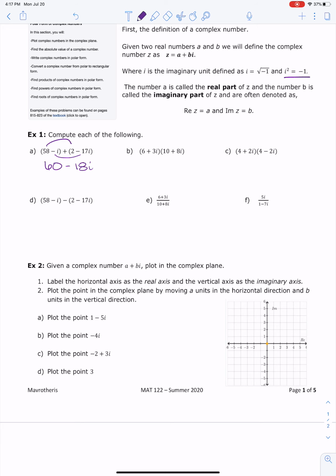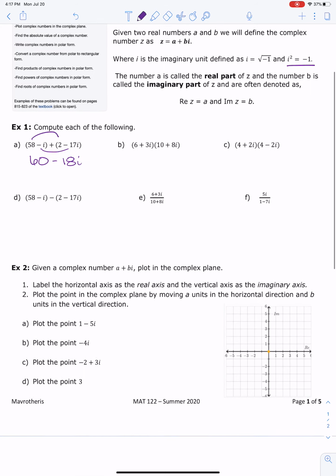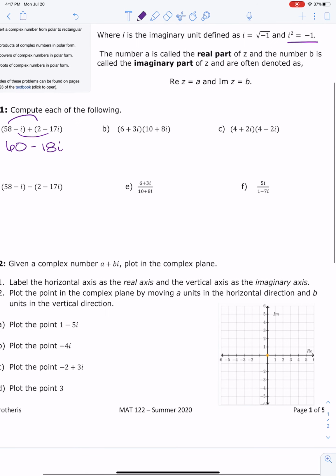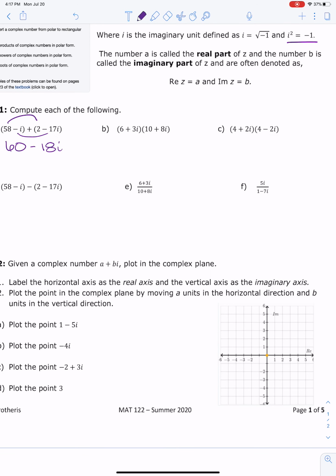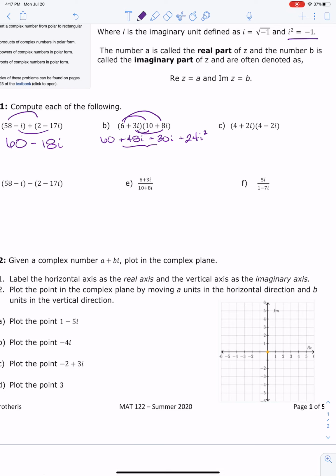B asks us to multiply these. Okay. We are going to multiply by using the distributive property or the FOIL method. So I've got 6 times 10, which is 60. 6 times 8i, which is 48i, 3i times 10, which is 30i, and 3i times 8i, which is 24i squared. That i times i is i squared. I can combine like terms.